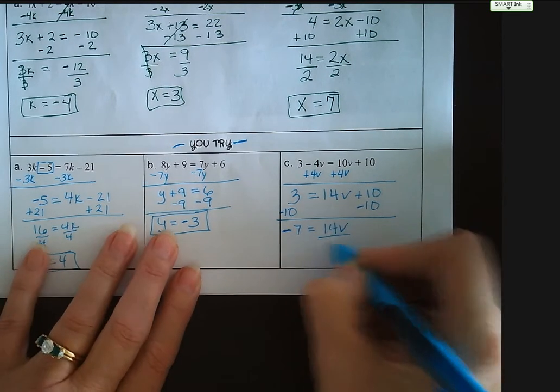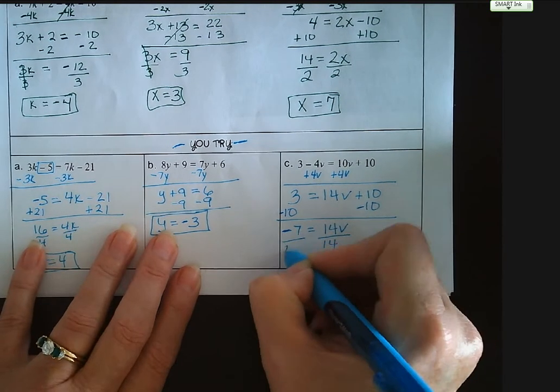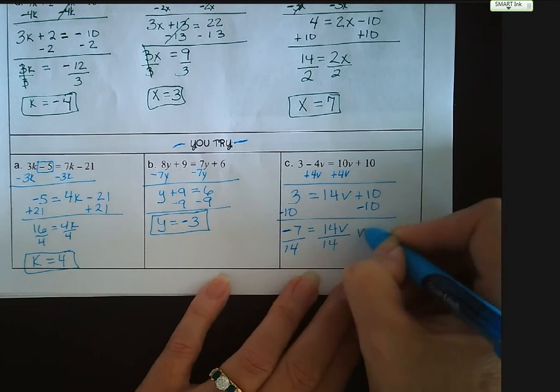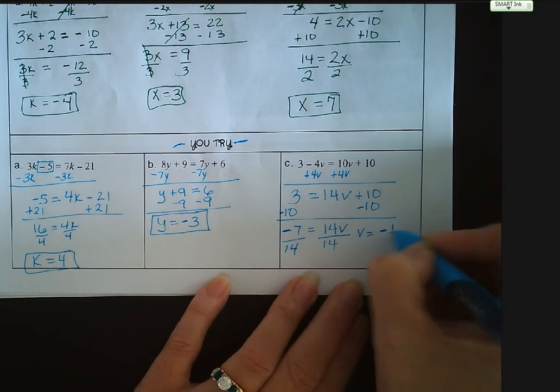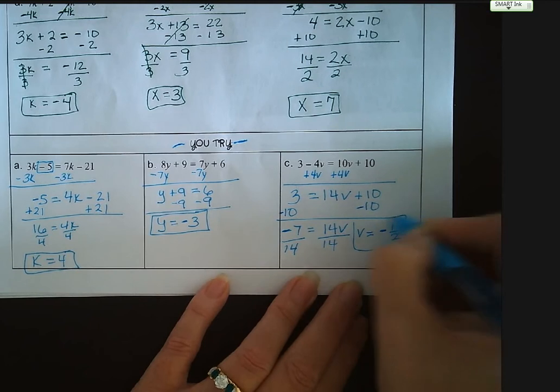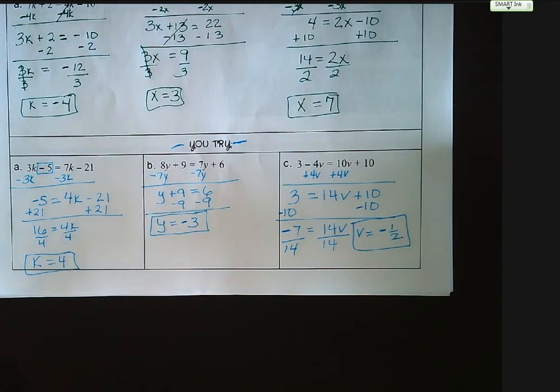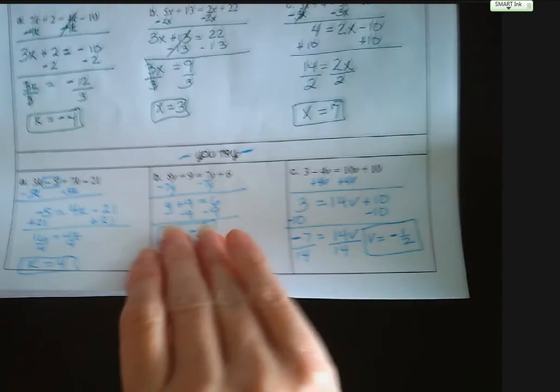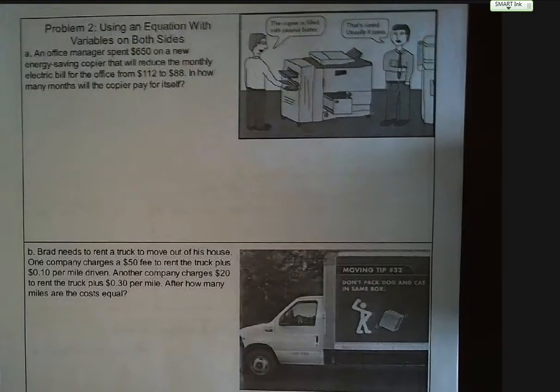Divide both sides by 14. And v is equal to negative 0.5, or if you leave it as a fraction, make sure you reduce it to negative 1/2. Whether you leave it as fraction or decimal doesn't matter to us, just as long as you have your work correct.